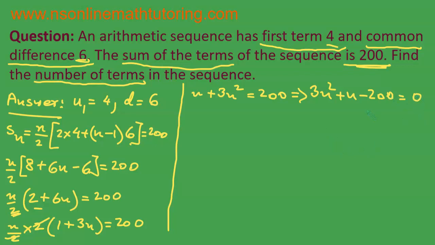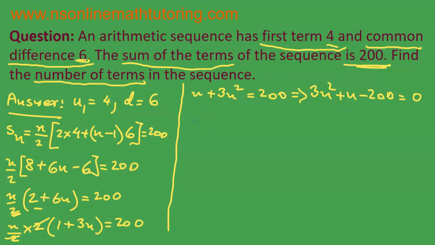This is a quadratic equation. We have to solve it to get the value of n, the number of terms in the arithmetic series. So, n has to be a positive integer value. It cannot be a negative number.